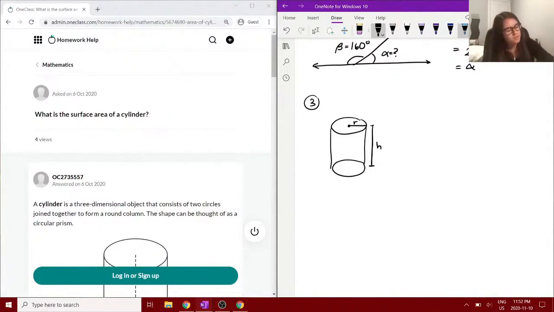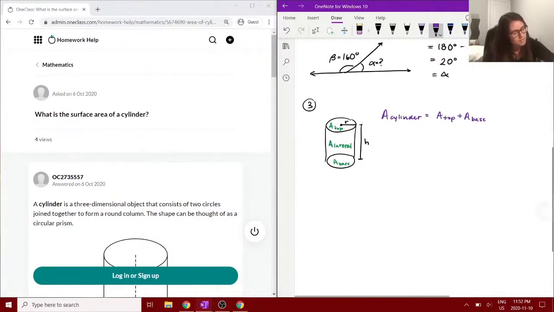So the surface area would include the area of the top, the area of the bottom or the base, and the area of the lateral surface, or the surface all the way around the tube, right? So to get the surface area of a cylinder, we add together the surface area of the top, the surface area of the base, and the surface area of the lateral surface.